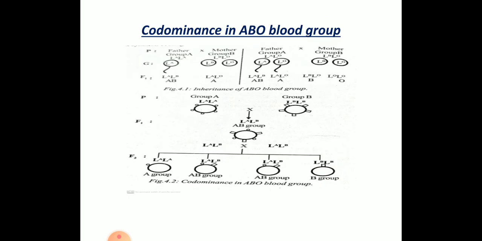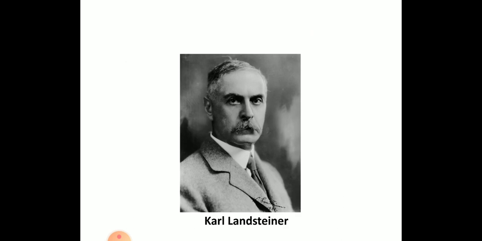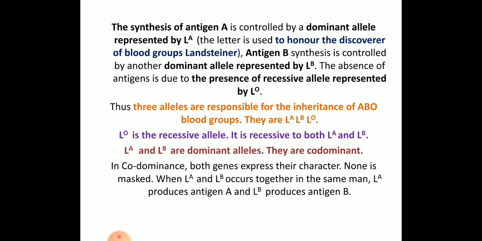Next, a very important example: codominance in the ABO blood group. As you can see, it is represented by the letter L because of the work given by Landsteiner. We'll see what Karl Landsteiner did with the codominance of blood group. He explained that the synthesis of antigen A is controlled by a dominant allele, represented by capital L to the power A, or LA.